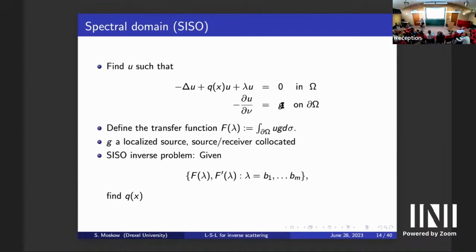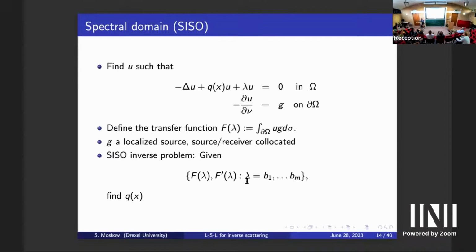And so again, we have source and receiver co-located, modeled by this G. And we integrate on the boundary to get the data that we're measuring. And I just take this particular data set because it's the easiest one to work with, but the data set doesn't have to be in this form.